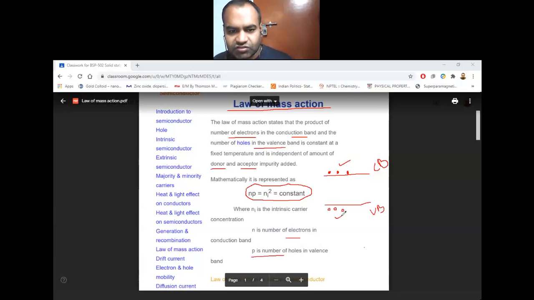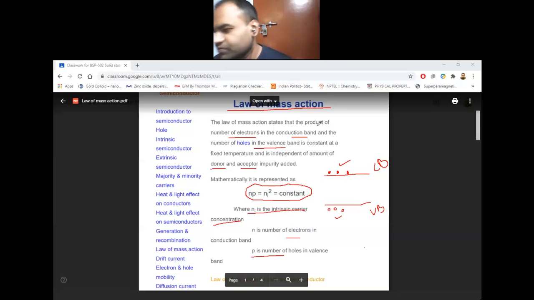This product is a constant, and the constant is actually equal to ni². ni stands for the intrinsic carrier concentration. Intrinsic means the semiconductor is not doped; it is a pure semiconductor. And it is independent of donor and acceptor impurities.